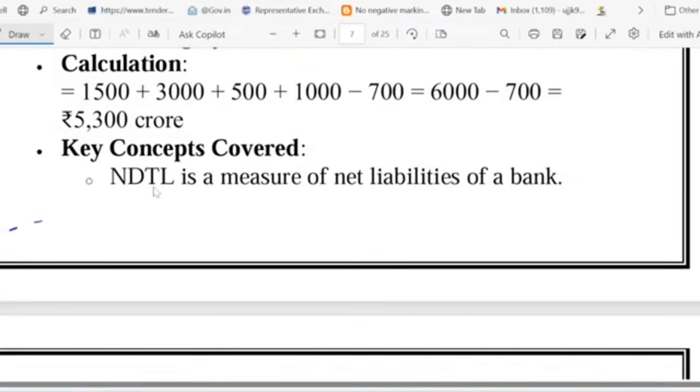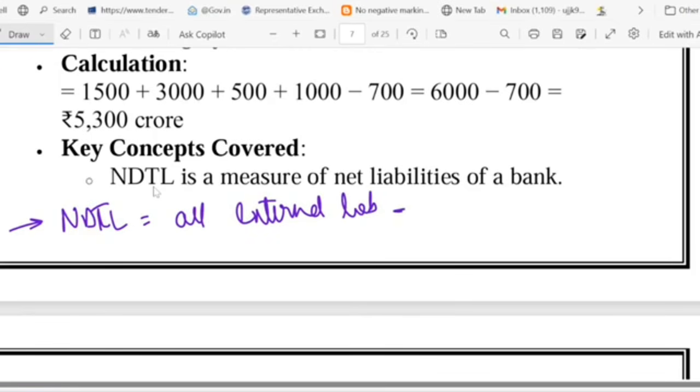So what we learned from this discussion is that whenever you are asked to calculate NDTL, just remember, all external liabilities, because these deposits are liabilities for the bank as it has to pay interest on them. So you add all external liabilities and subtract the asset with the banking system. Then this will give you NDTL.